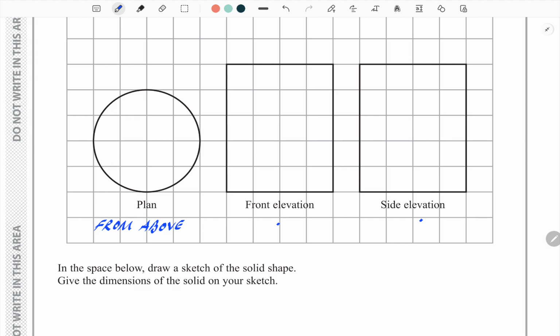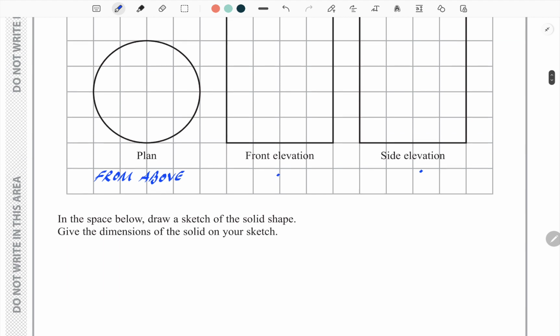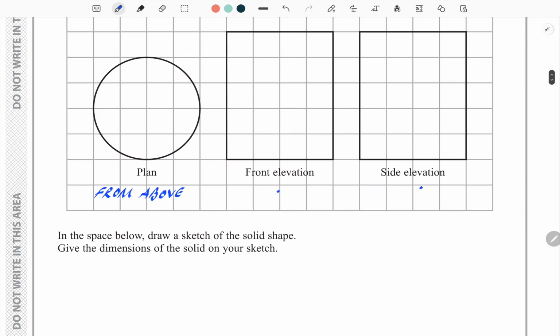So effectively what we have here, if you can picture this, is an upright cylinder. And the dimensions are what? You've got the diameter is 4 centimeters across, which is true for here, you can see. And the height is 5 centimeters.